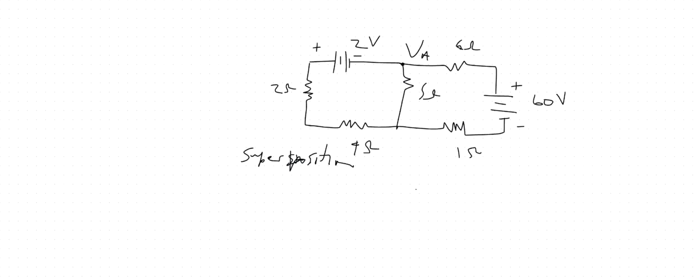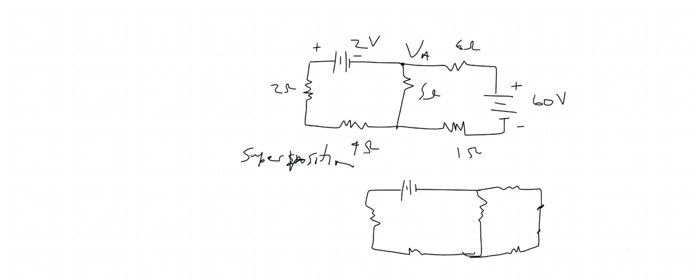So here, resistor, resistor, resistor, and then resistor, short circuit. See that? And then resistor. So this is a 6 ohm. This is the 1 ohm. That's short circuited. This is 5 ohm. This is a 2-volt source.